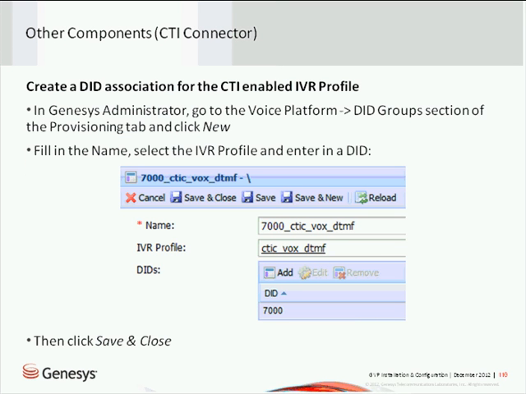Assuming you've actually created your appropriate DNs and IVR ports and whatnot on your SIP server, you should be able to call into 7000 and get CTI working. The call will actually go from the SIP server to the resource manager to the CTI connector, and then the CTI connector will make a second call leg and call the resource manager, which will connect to the media control platform.